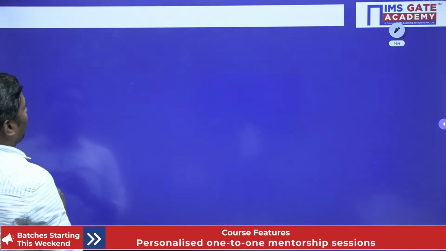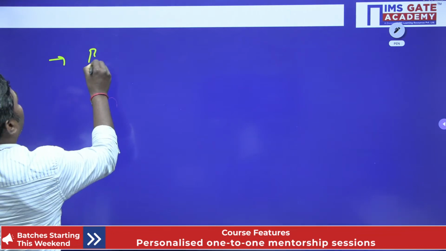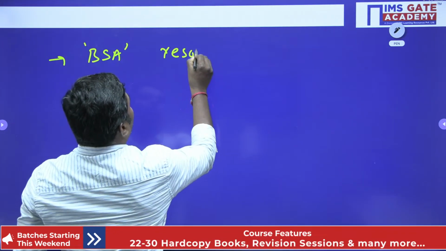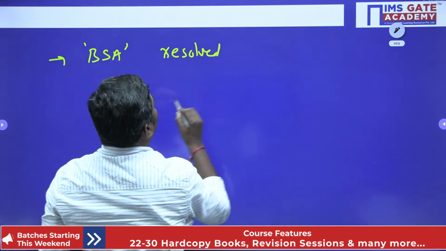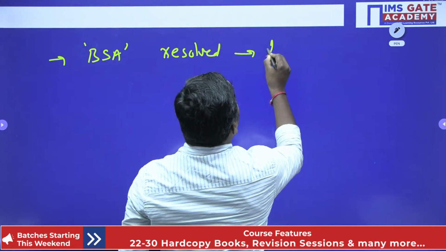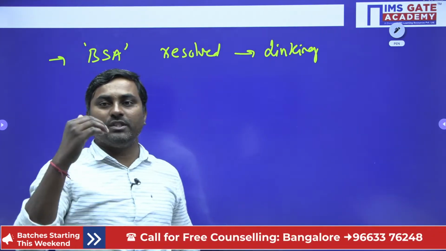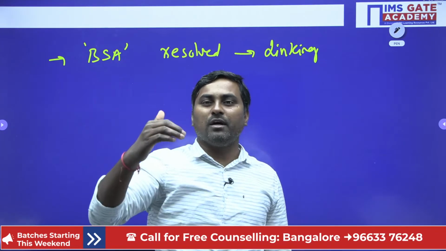Now see the next line. The BSA address is resolved during linking time. Now, if you see the modules, there will be compiler, assembler, linker, loader.